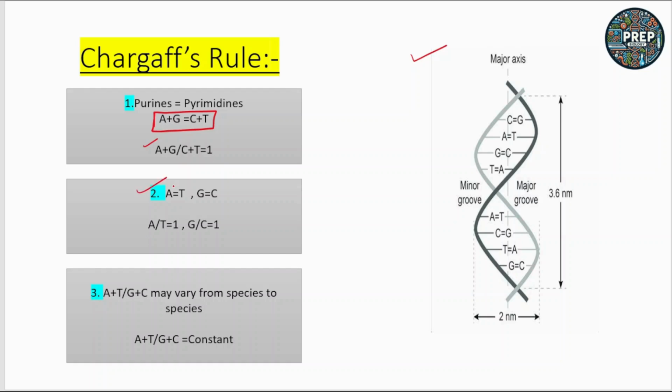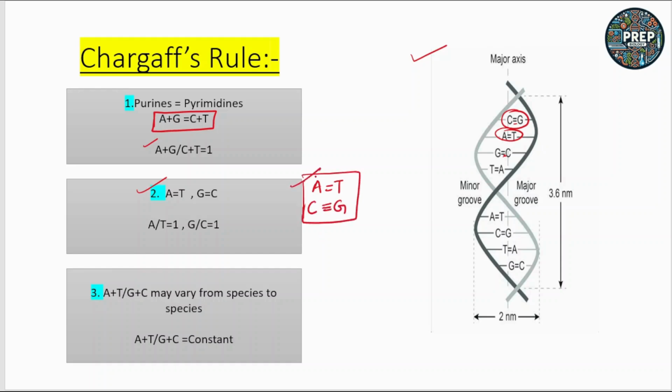The second rule of Chargaff is that the number of adenines is equal to the number of thymines, and the number of guanines is equal to the number of cytosines. We all know that in the DNA structure, cytosine pairs with guanine and adenine pairs with thymine, with adenine and thymine having a double bond and cytosine and guanine having a triple bond between them.